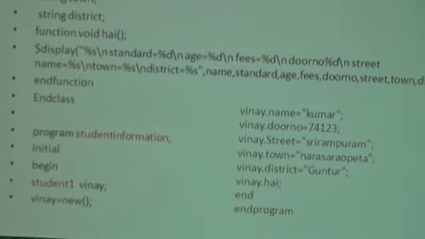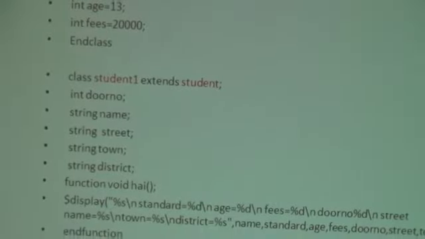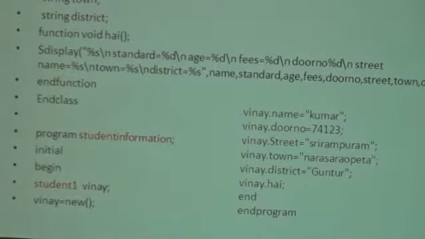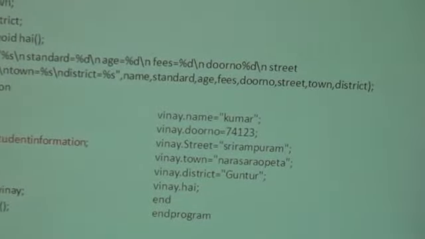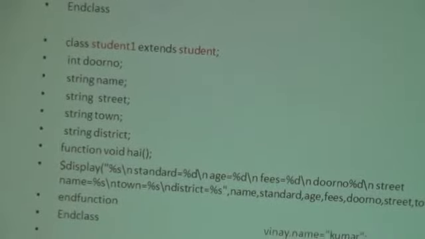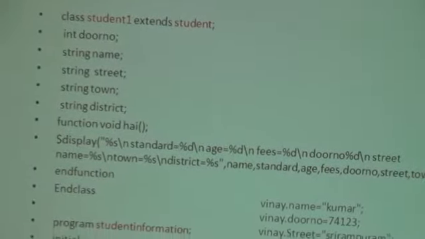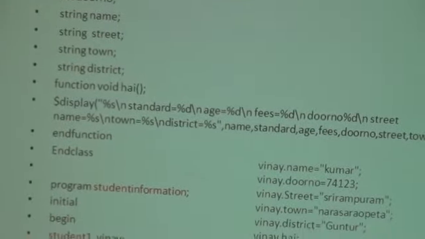What is Vinay? Object for Vinay. So student, that means student 1, which is the derived class. For the derived class I have created an object identifier as Vinay, and I create an object for it. Using this object identifier, I was accessing all the characteristics of the derived class, that is the door number, the string, their street name, the town, district, etc.